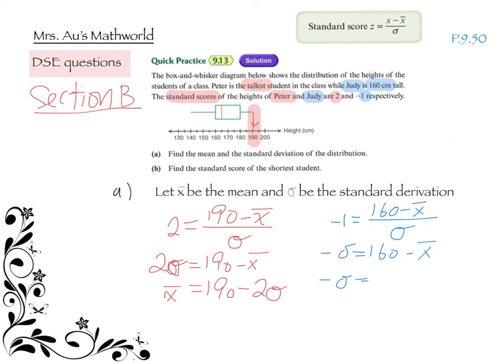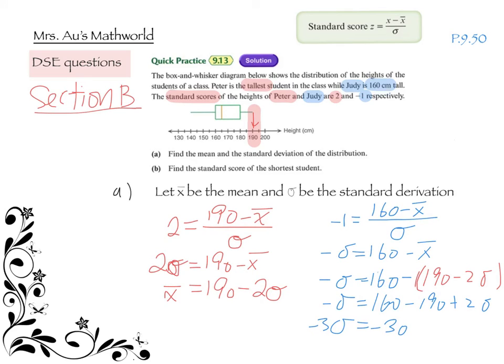So after you substitute it, you get this line and then solve it. So you know that sigma equals 10, which is the standard deviation. Okay. So that you can solve it to get the value of the mean and also the standard deviation. And don't forget that we have units for the height, okay? So this is A.